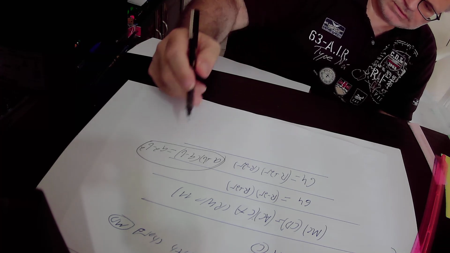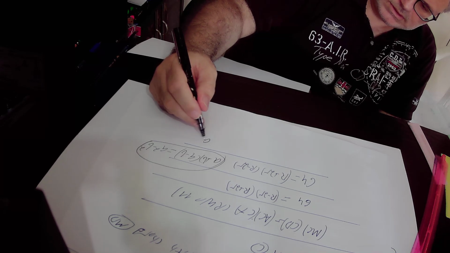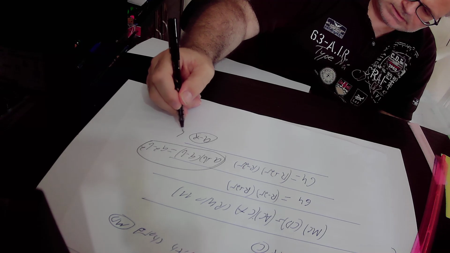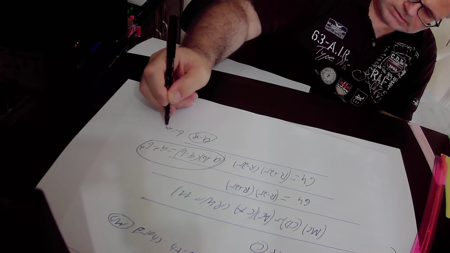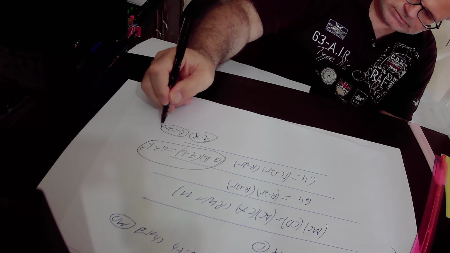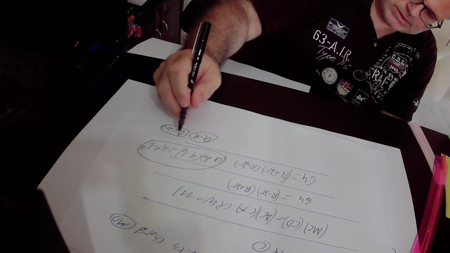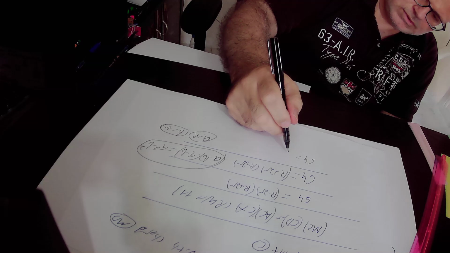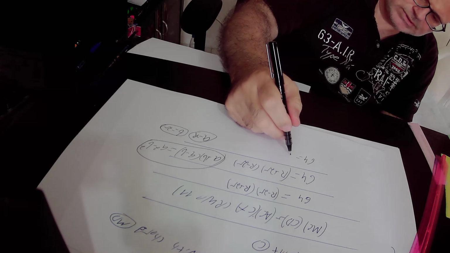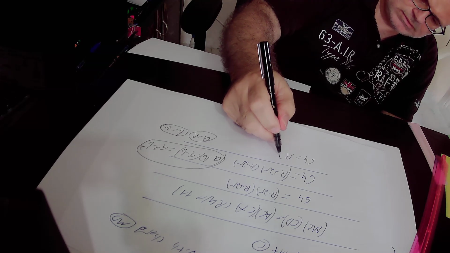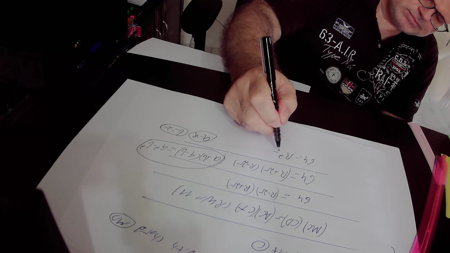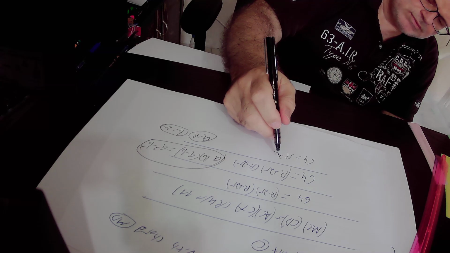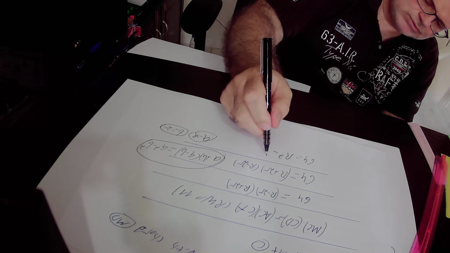So here A equals capital R and B equals 2R, and therefore A squared will be capital R squared minus B squared. B is 2R, so minus B squared will be equal to minus 2R squared.